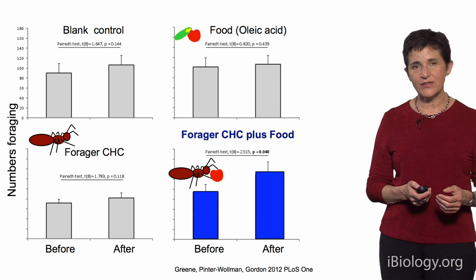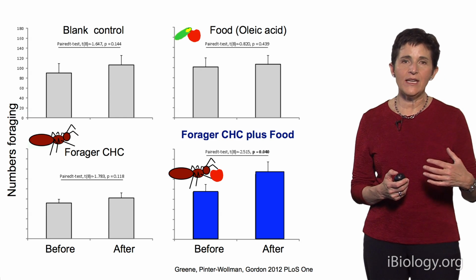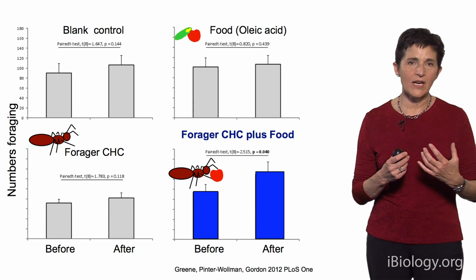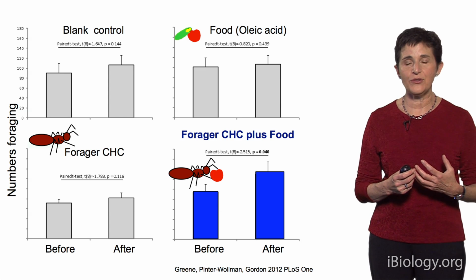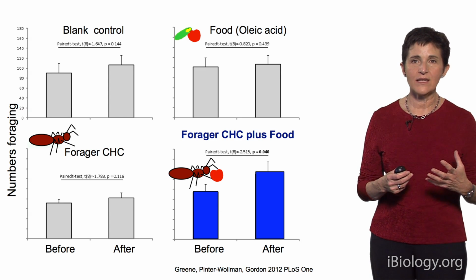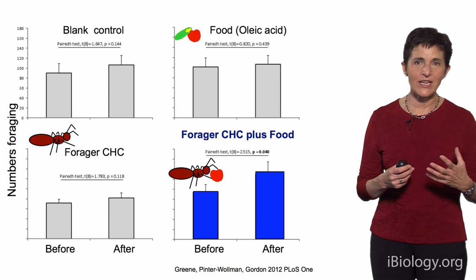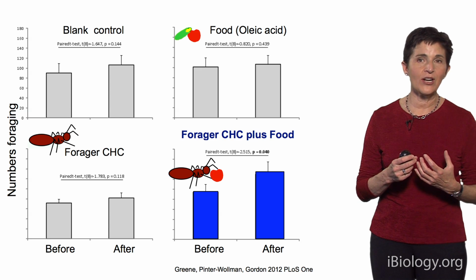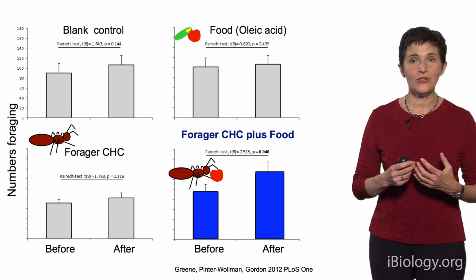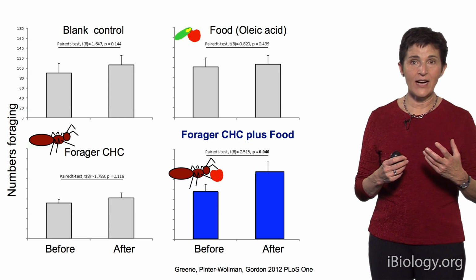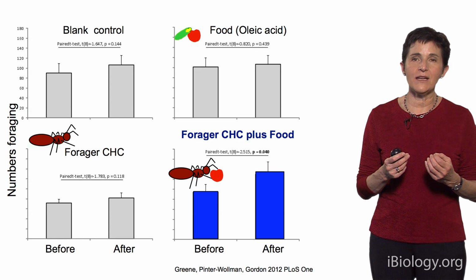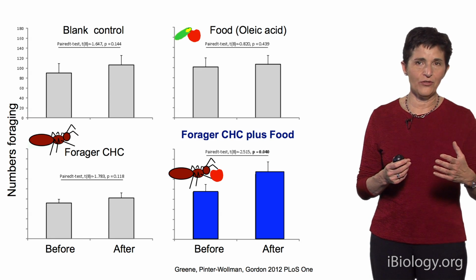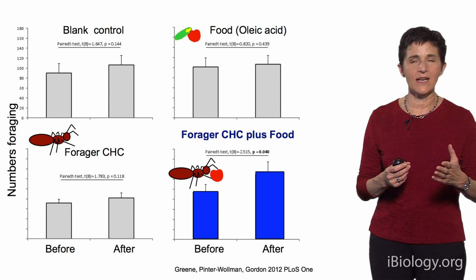And here are the results. It was only in response to the combination of forager hydrocarbons and food that foraging increased. This means that the ants need both the forager and the food to respond to the interaction in a way that stimulates foraging. And this is really interesting because the ants put down the food shortly after they come into the nest.